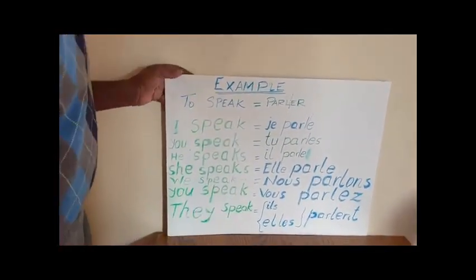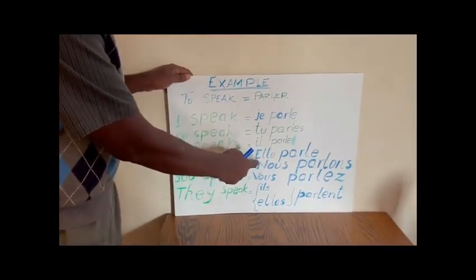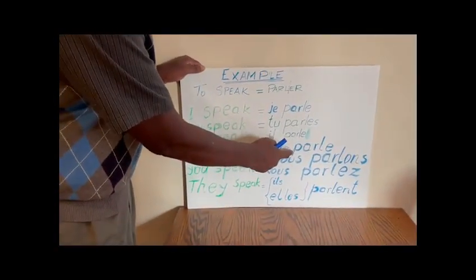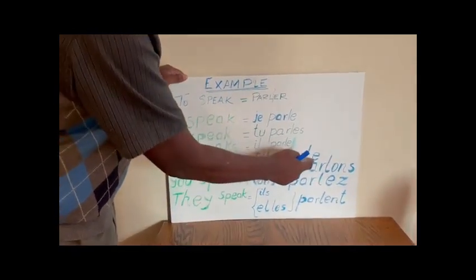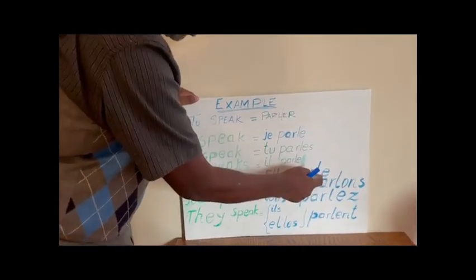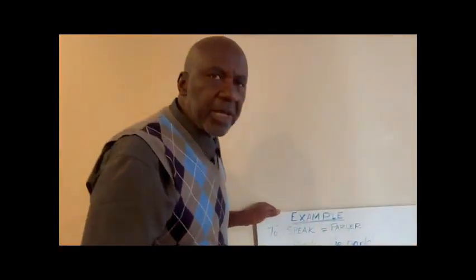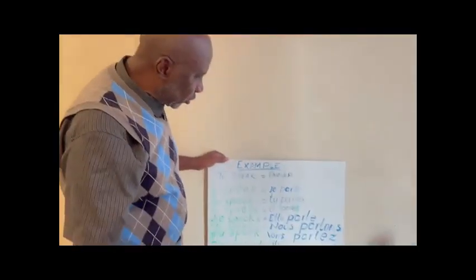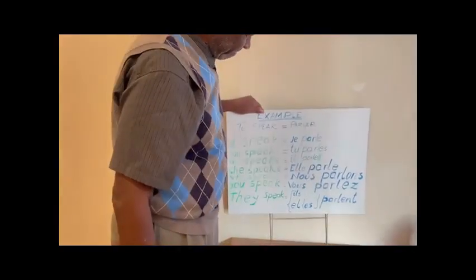So it goes on and on. When you say she speaks, you say elle, this is the subject, and you say parle, the stem remains the same. The ending we remove R, and we just leave E. So those are the rules that I'm requesting you to know when you're following the conjugation in French.